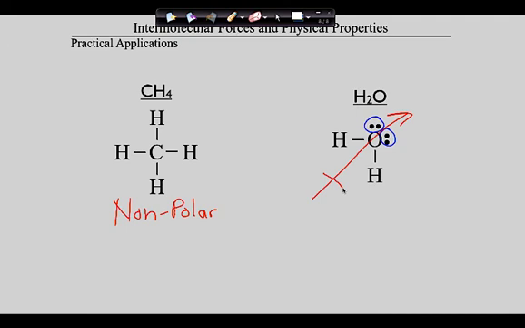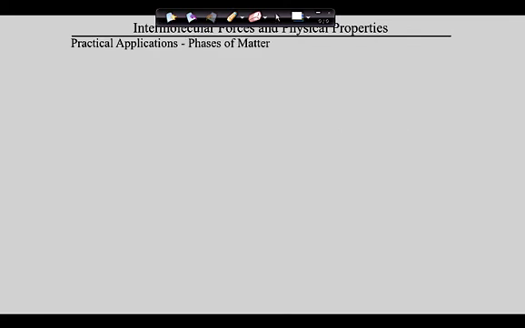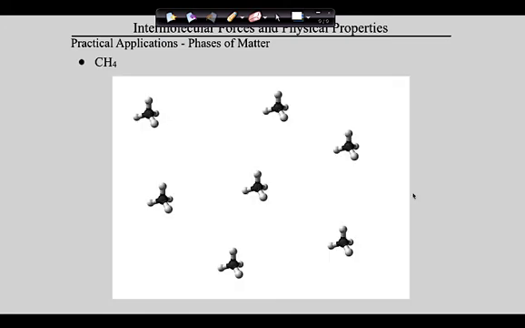So now that we understand that CH4 is nonpolar and water is polar, we can now talk about how these substances behave differently. So first of all, we are going to talk about phases of matter. If we take CH4 and get a bunch of these molecules together, each one of these molecules is nonpolar.